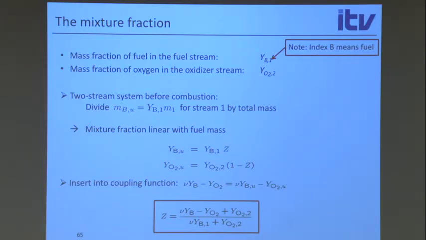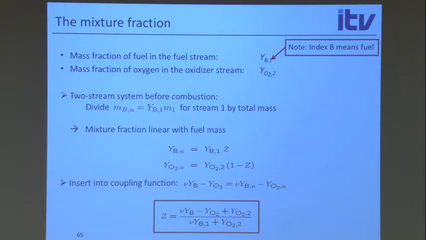And similarly, I can write this for the oxygen, and I get this. And then we have the coupling function from earlier. If I introduce these quantities here, then I can solve this for the mixture fraction, and it gives me a definition of mixture fraction.